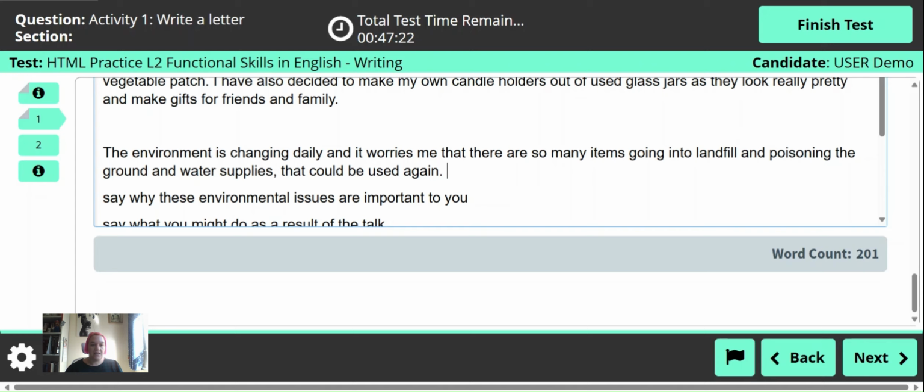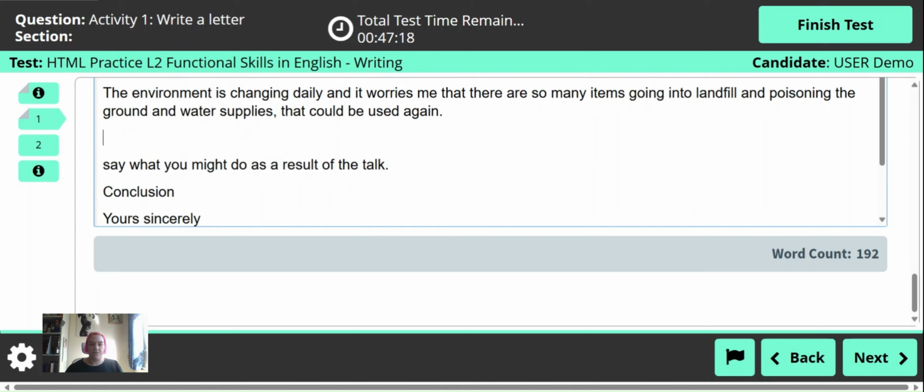Okay, so the next line wants us to say, what are we going to do as a result of the talk? And again, if I have any further comments I want to add, I can add them in at the end. So, what may we do as a result of the talk?